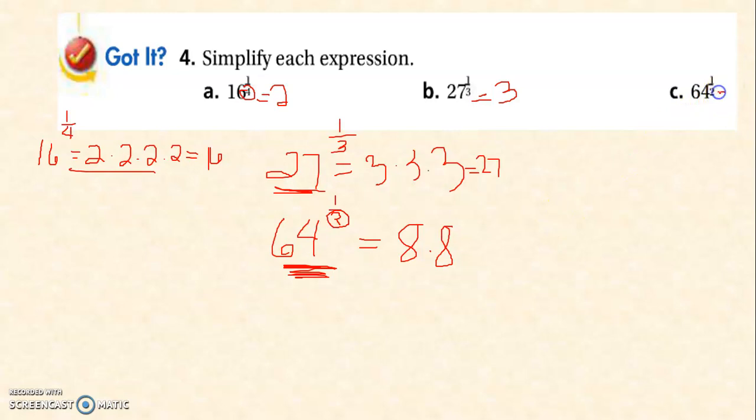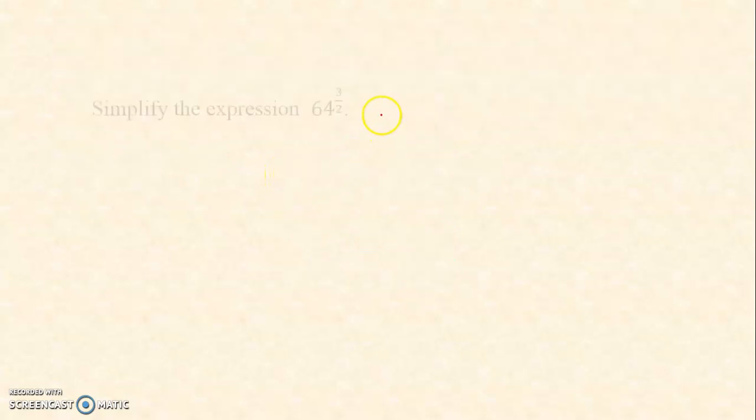Therefore, the simplified form of 64 raised to 1/2 is 8. Always remember that this process will be done only if your exponent is a fraction. Okay? Let us do more.